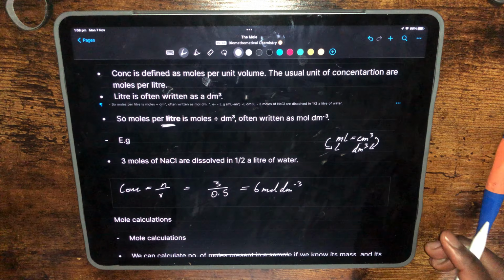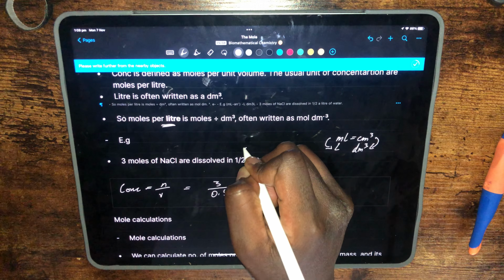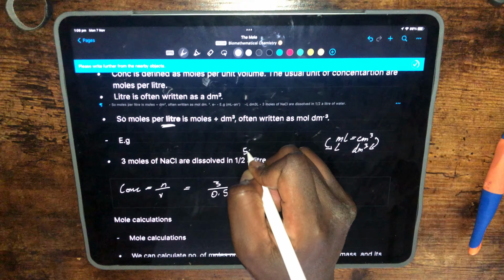It'll be dividing by 1,000. So if they give you 500 centimeters cubed, divide that by 1,000 to get 0.5. That's what you usually get. They never usually leave it as decimeters cubed. If they've already done it for you and left it as decimeters cubed, then that's already good for you.